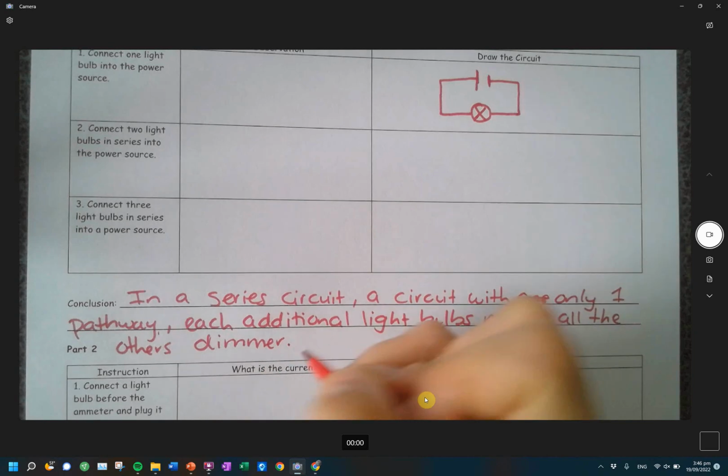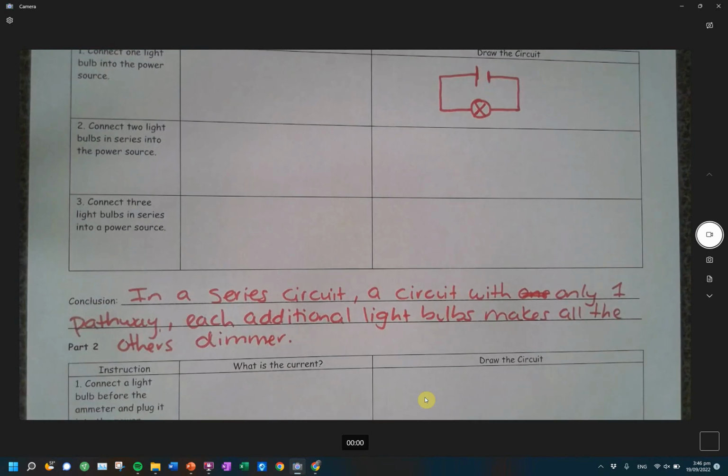So that's the trend that we notice in a series circuit. I'll put a video pause in here as well, so that way you can copy down that conclusion.